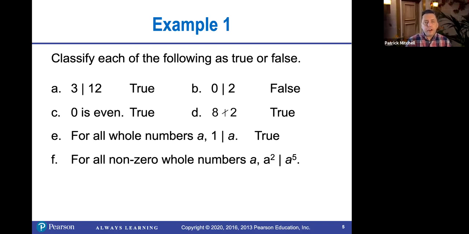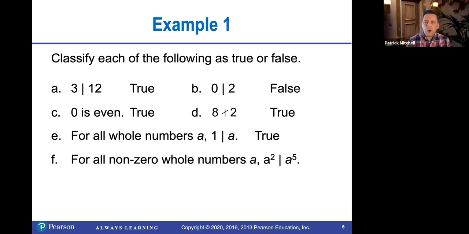Ooh, this one looks tricky. For all non-zero whole numbers A, A squared divides A to the 5th. Well, luckily, I think it was the last couple of sections of Chapter 3, we talked about exponent rules. So let's see what we know about A to the 5th divided by A squared.